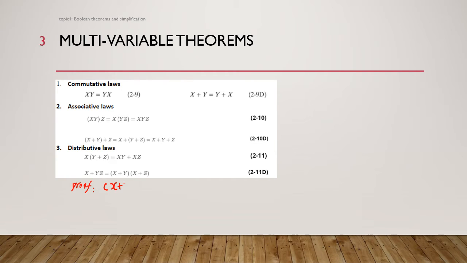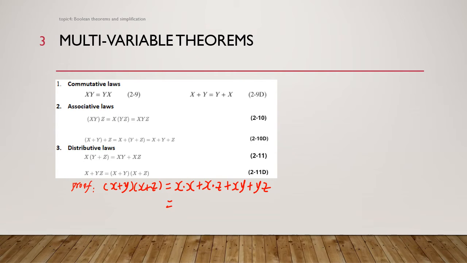So I have x OR y, AND x OR z. If we open the parentheses just like what we did in math, we get x AND x, OR x AND z, OR x AND y, OR y AND z.